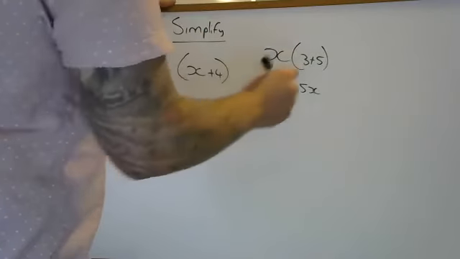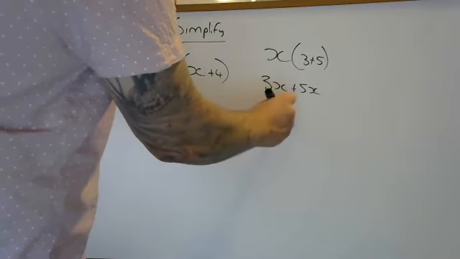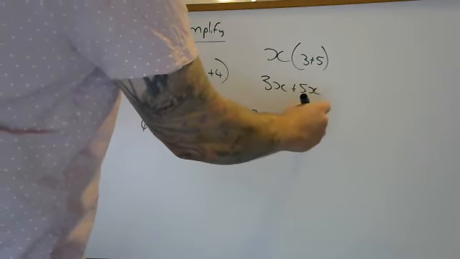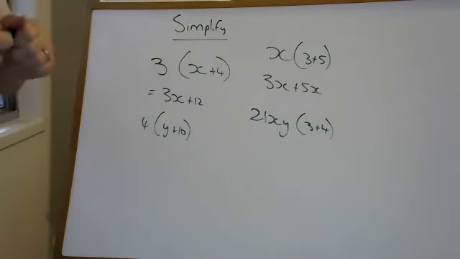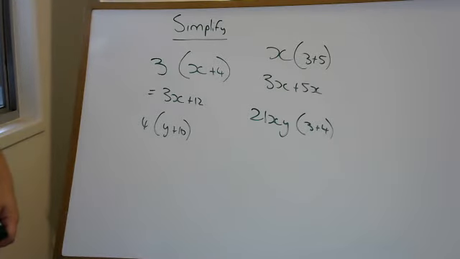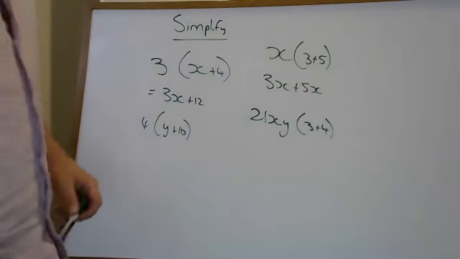Right, 2 more, and then 21xy, 3 plus 4. Perfect.